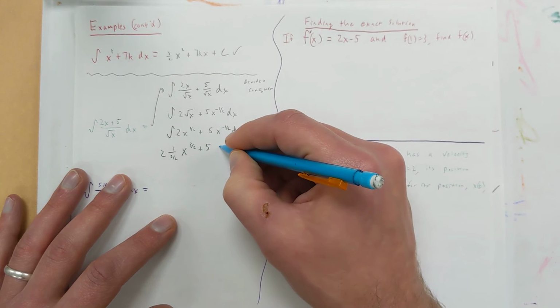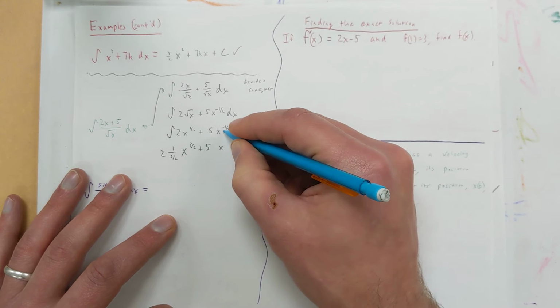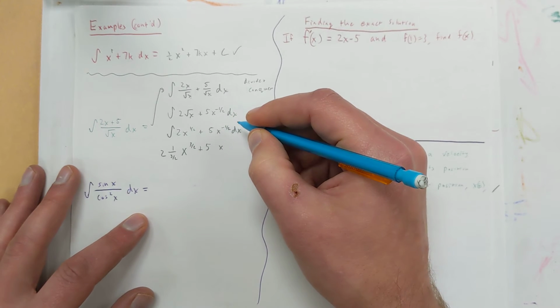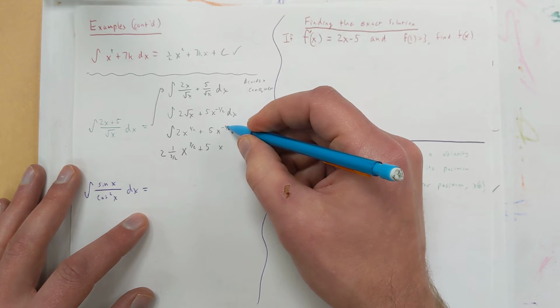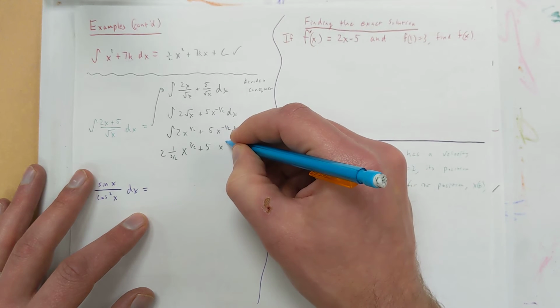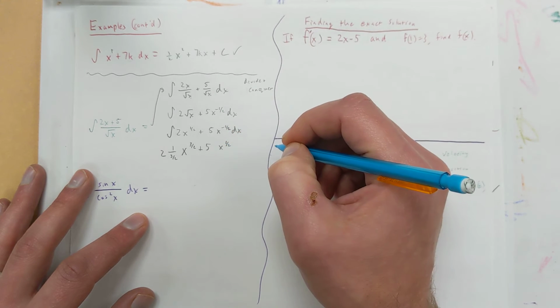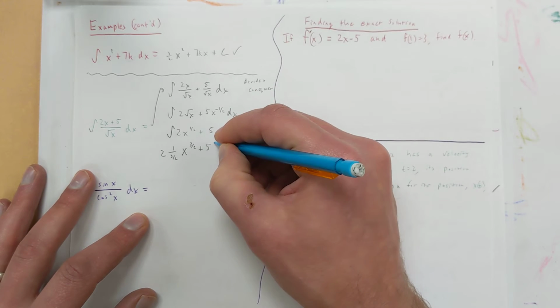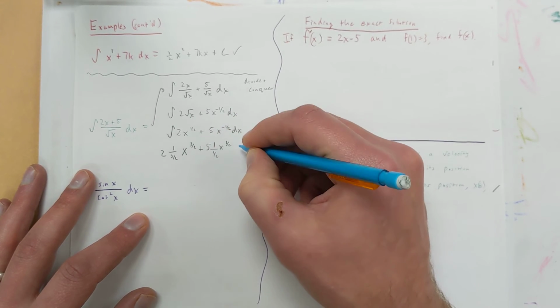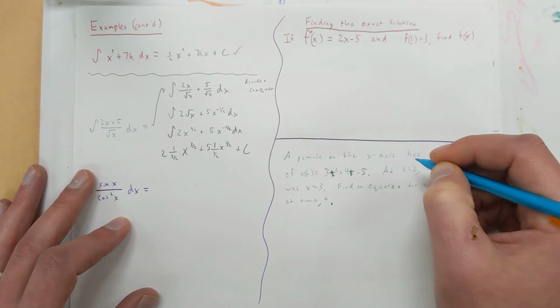Then I've got x to the, if I add 1 to negative 1/2, I get positive 1/2. And then I have 1 over 1/2 down here, and we can't forget the plus c, of course.